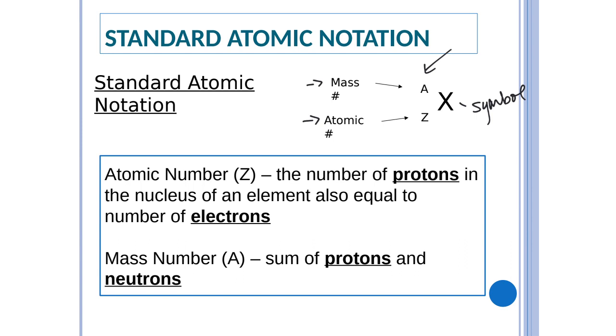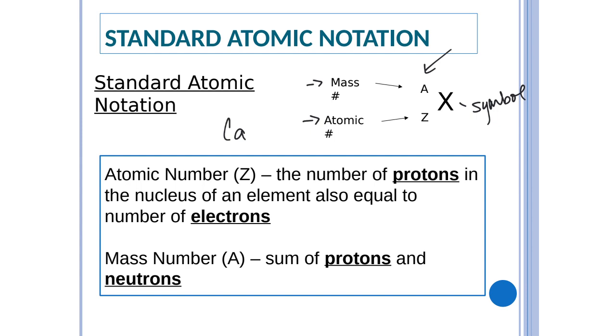If we set up an example of this using one of our elements on the periodic table, so for example, if we looked at calcium, we would write calcium symbol down as we look it up on the periodic table. And then you need the atomic mass or the mass number of calcium plus the atomic number. When you look at the mass number of calcium on the periodic table, you're going to notice that it is a decimal value. So it'll say 40.08 AMU.